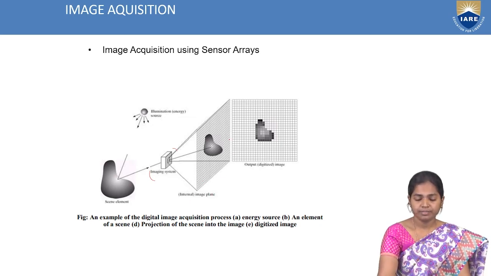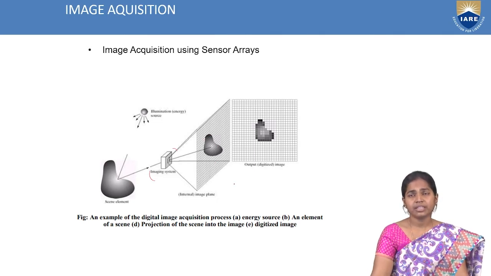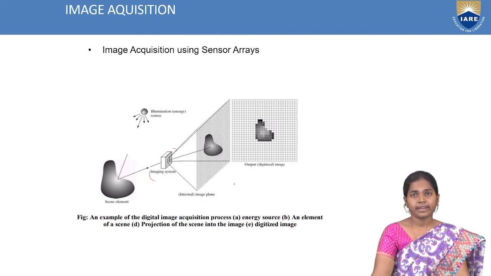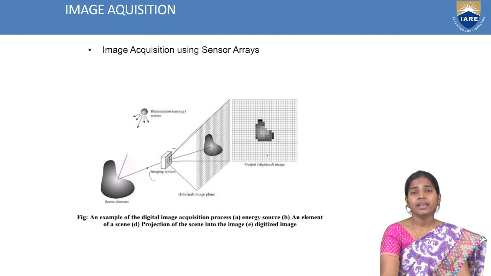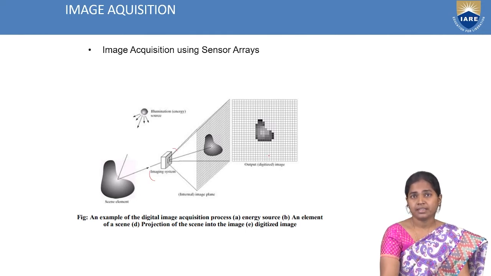Here it is a projection image. The image is in continuous form. When we apply sampling, quantization, and encoder, we get the image in digital form, which is in discrete form. How we represent the image depends on the pixels.